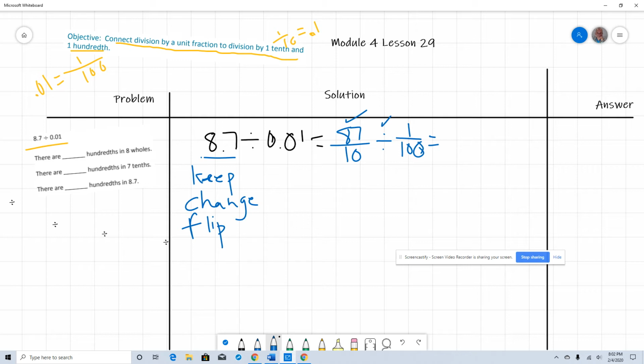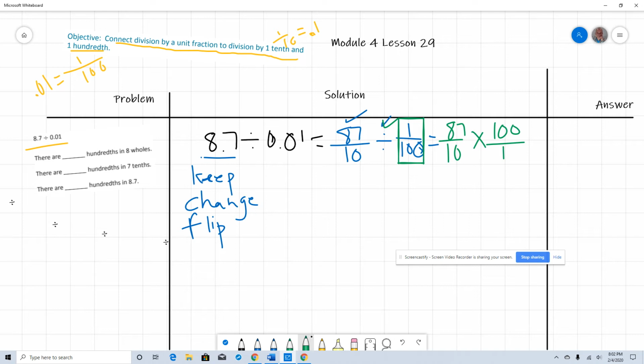So we're going to keep this fraction, change the division symbol to multiplication, and flip this fraction into 100/1.